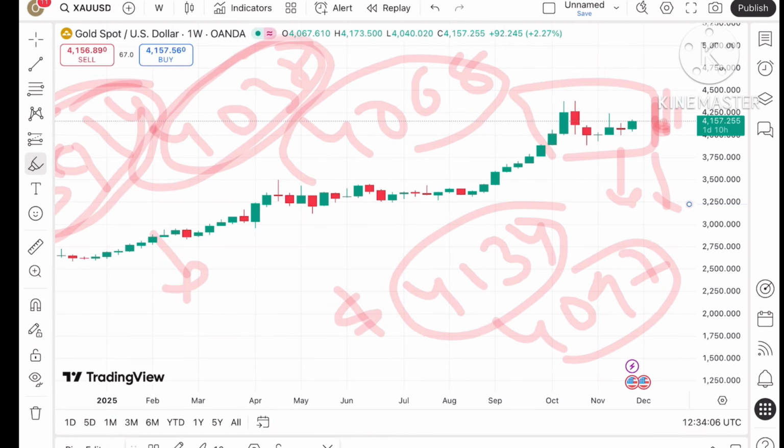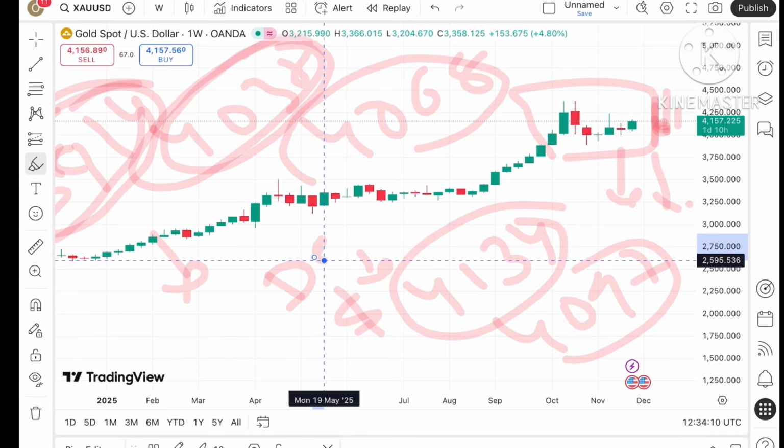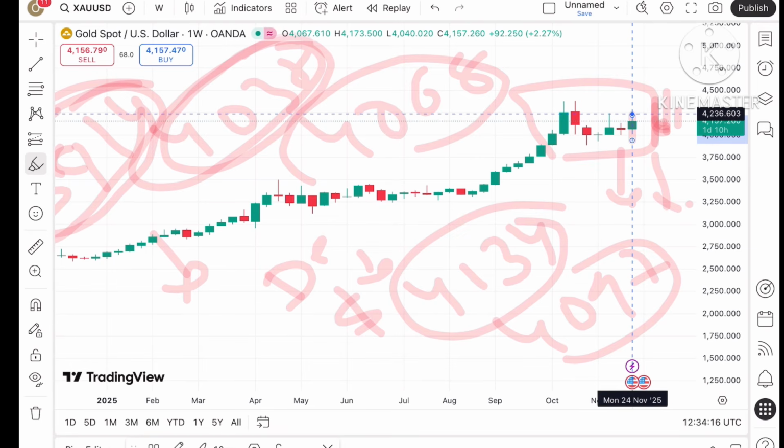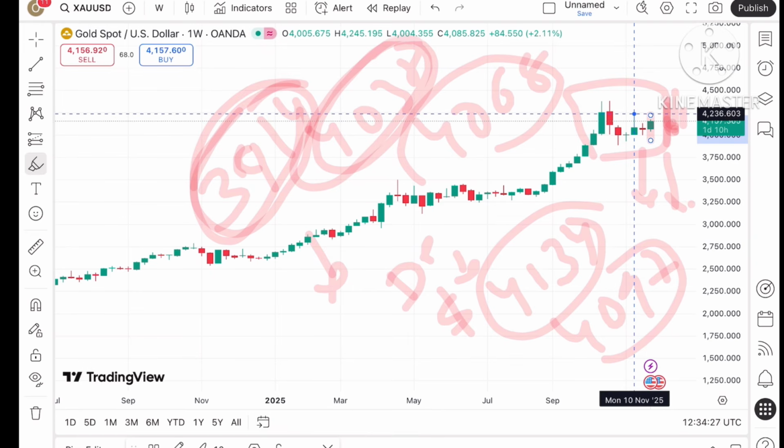There is a higher chance there can be a cut in the month of December, so probability can be high that gold can make a new high or sustain above the level of 4250. Also remember that gold's demand factors, like continued buying by central banks and institutional investors, could underpin price even if there is some volatility.